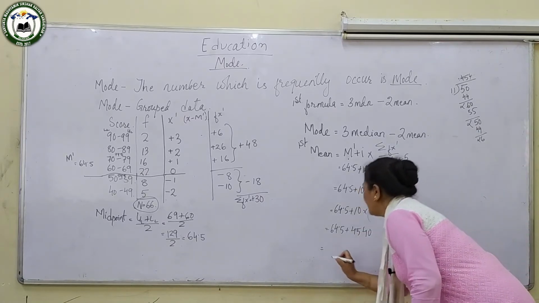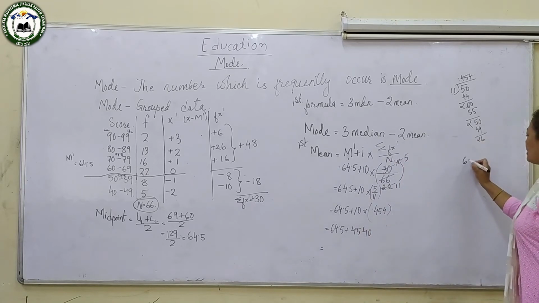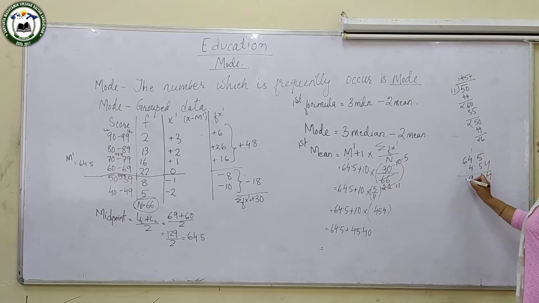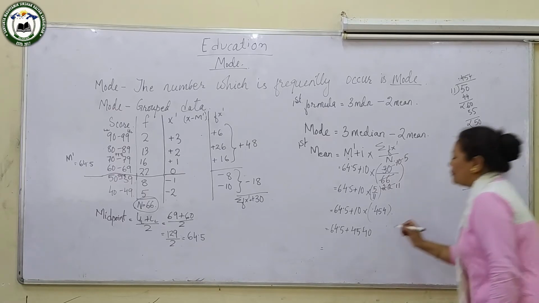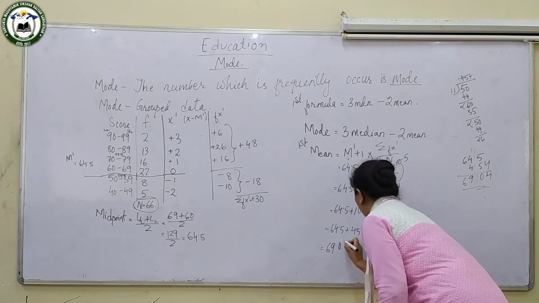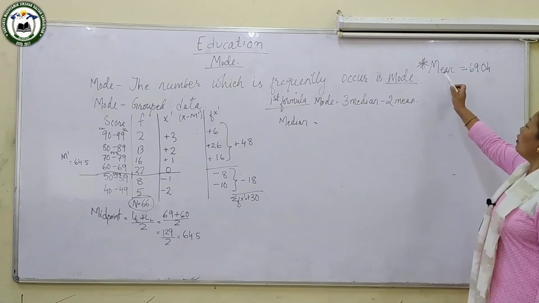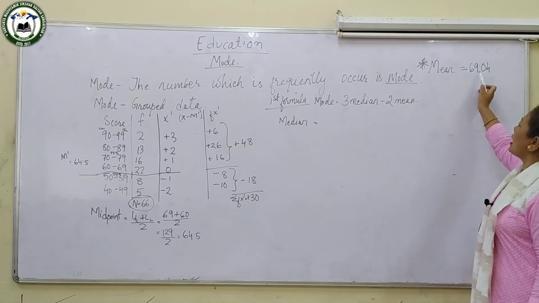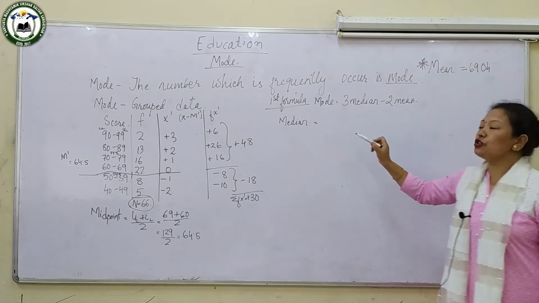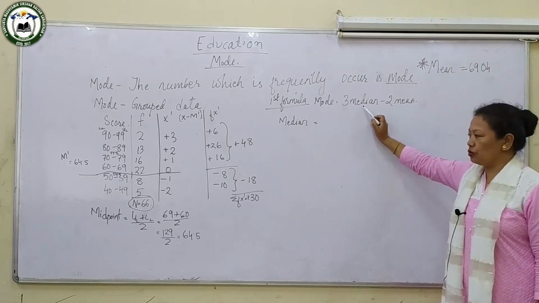So you add these 2 numbers. 64.5 and 4.54 is 4, 5, 5, 10, 0, 1, 4, 4, 8 and 1, 9, and so my mean is 69.04. Now our mean is 69.04, and to find the mode we need to find the median too.